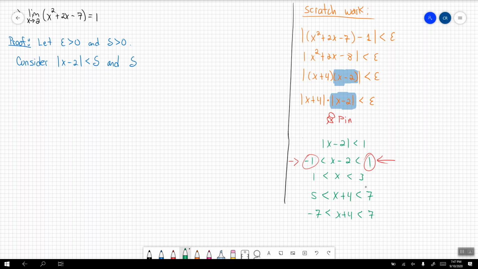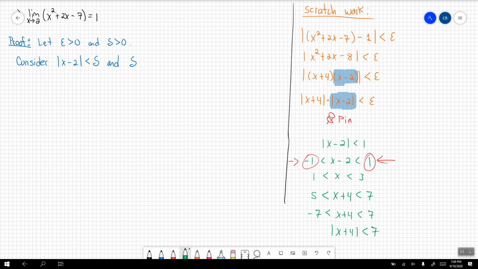Because this inequality just says that 5 has to be less than x plus 4, that's great, but can we bound it from below by negative 7? Sure. Then the inequality above still works, and therefore we don't lose any interesting values. And now, having it in this form, we can say that the absolute value of x plus 4 must be less than 7.